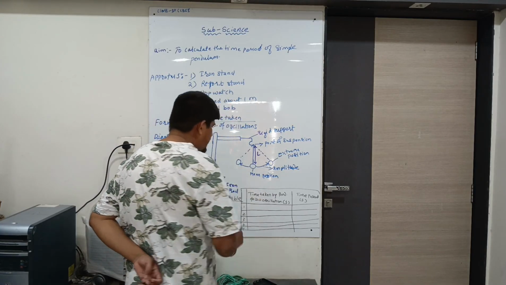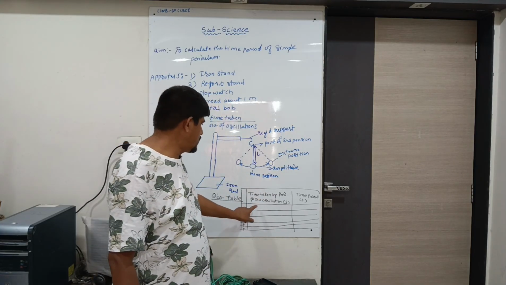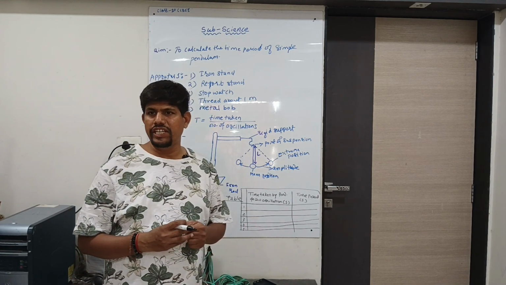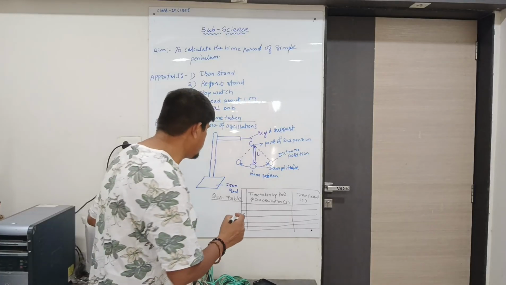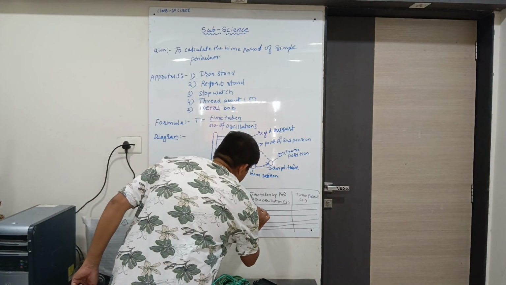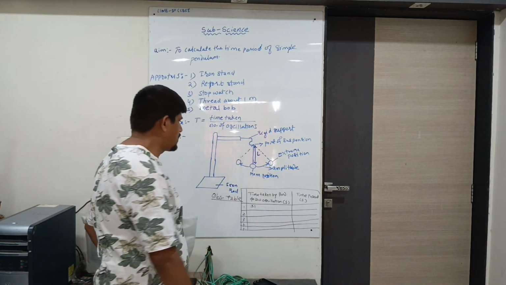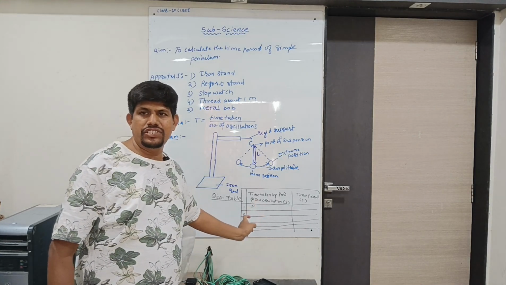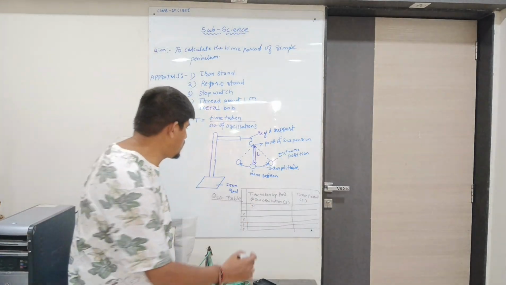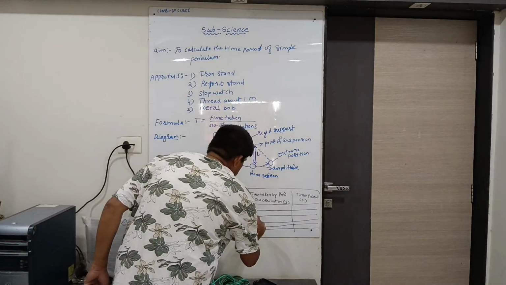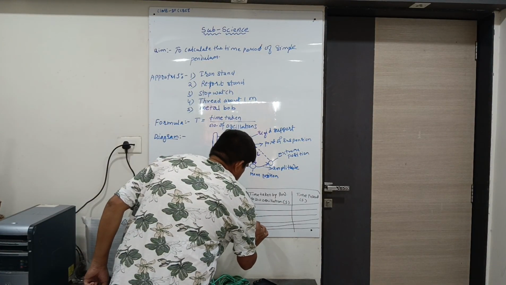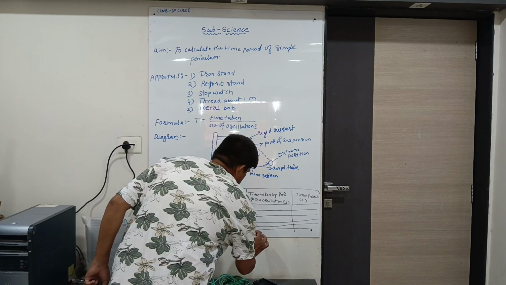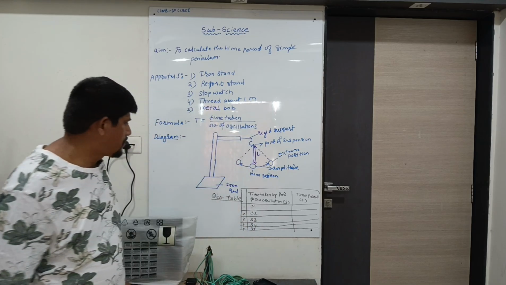First, you take 20 oscillations, and the time taken for the 20 oscillations is, suppose, 31 seconds. Next, the time for 20 oscillations taken by the pendulum is 32, then 33, then 34, and then 35 seconds.